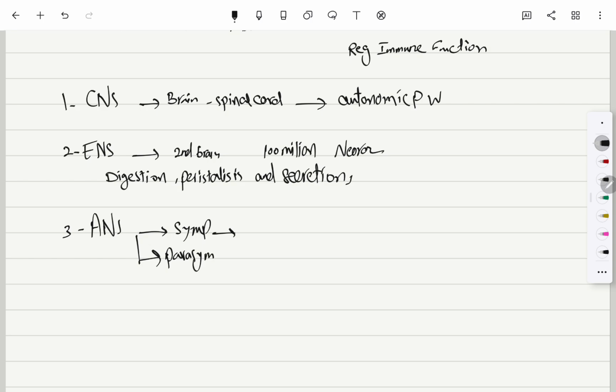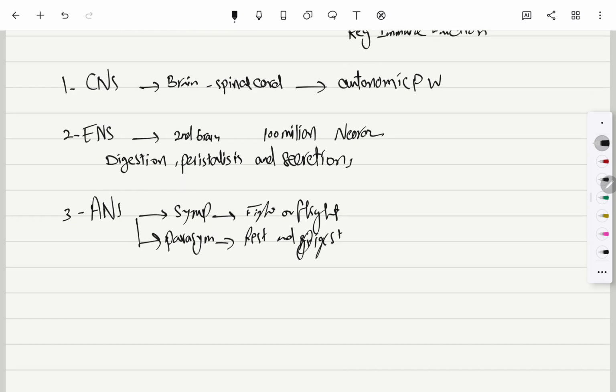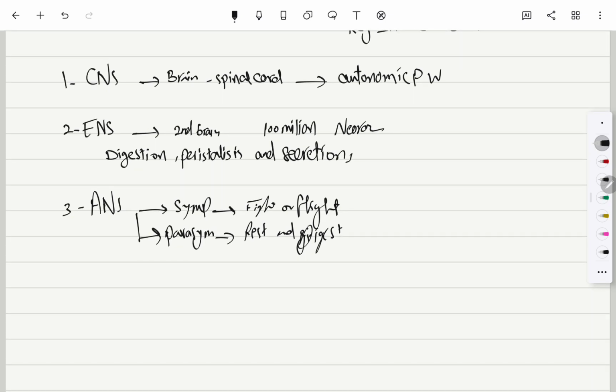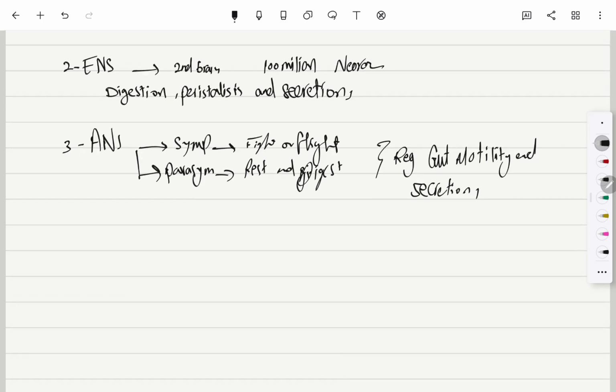Sympathetic nervous system, it is fight or flight, and this is parasympathetic, rest and digest. It regulates gut motility and secretions.